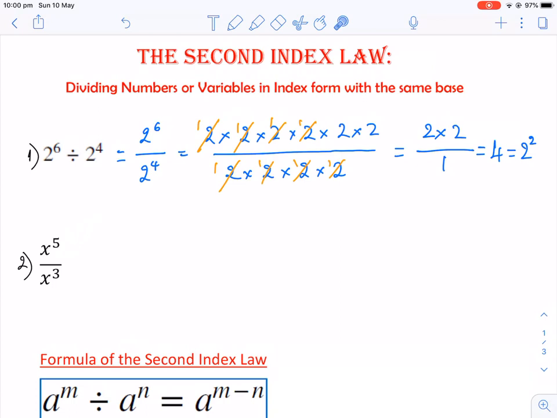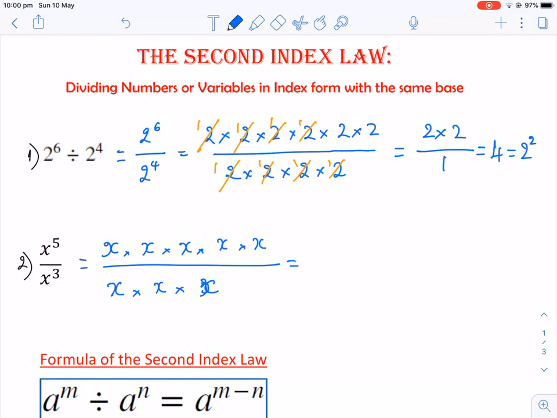Now, let's do this example. We have two numbers in index form. They have the same base, and x is a variable. So it satisfies the condition of the second index law, but I'm going to do it manually. In expanded form, it is x times itself 5 times, and here is x times itself 3 times.